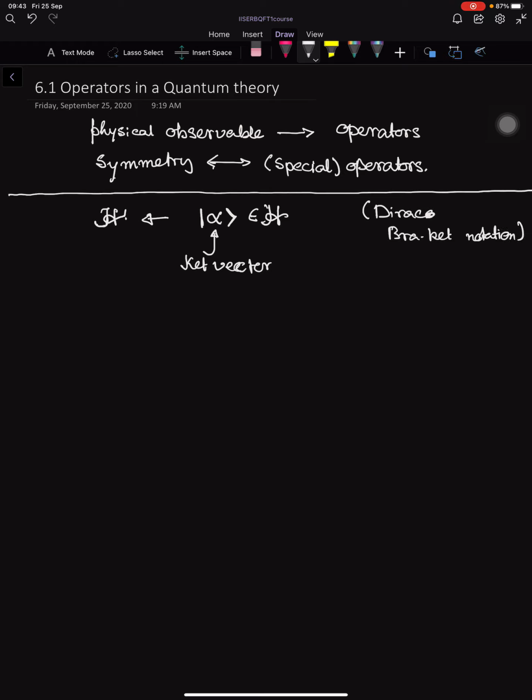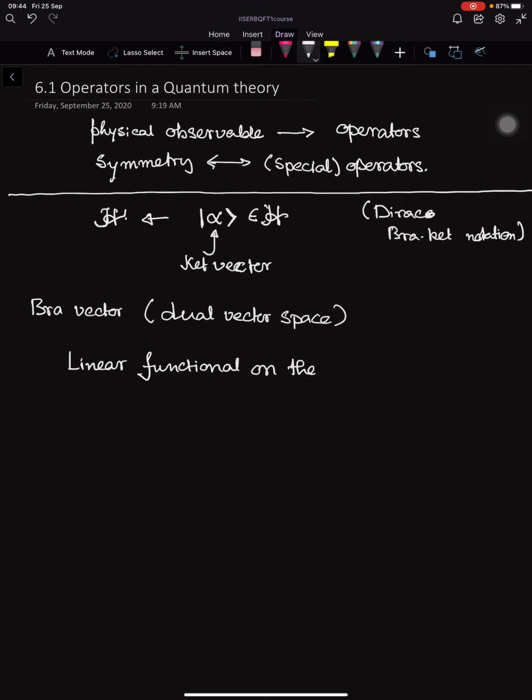Now a very important thing is to define what is called a bra vector, or mathematicians will call it the dual vector space. And what are they? They are just linear functionals on the ket space. So for example, if I denote a bra vector by, let's say, gamma, then what do I mean by that?